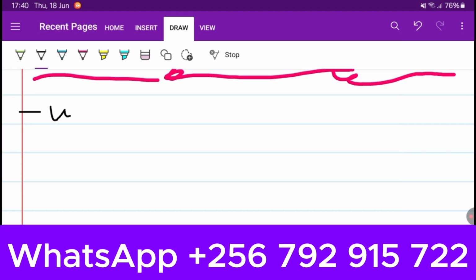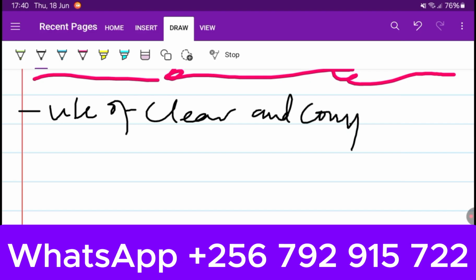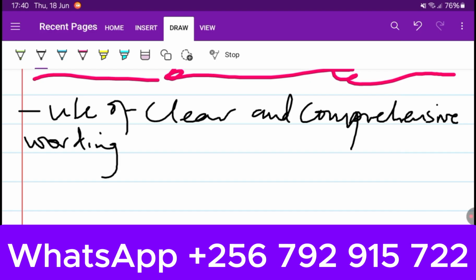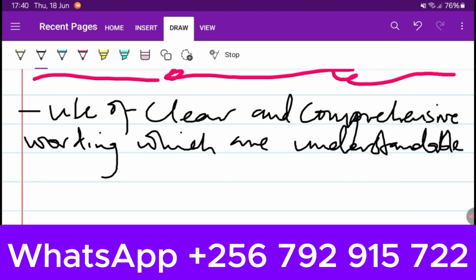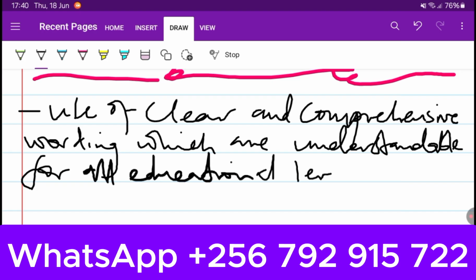One is use of clear and comprehensive wording, which is understandable for all educational levels.